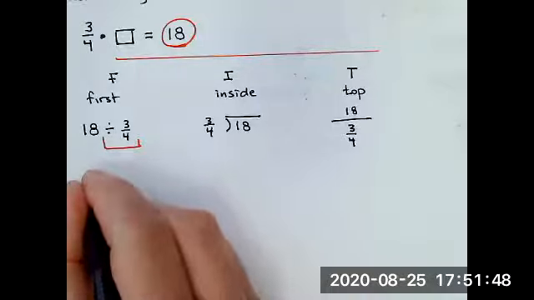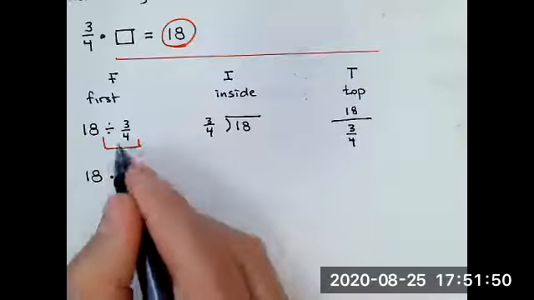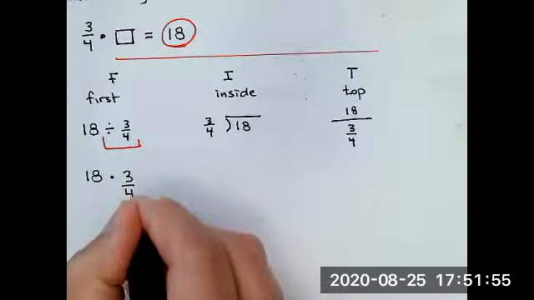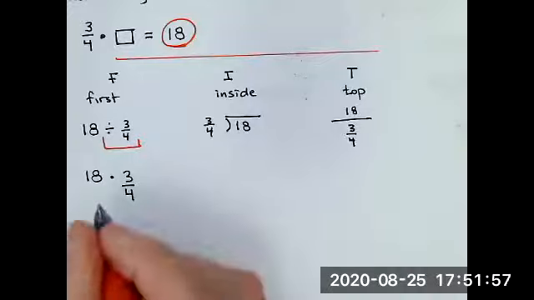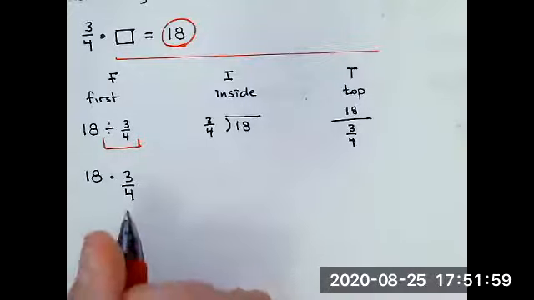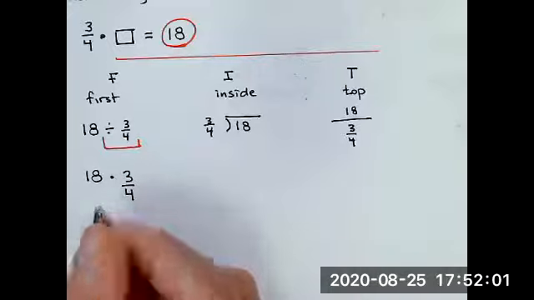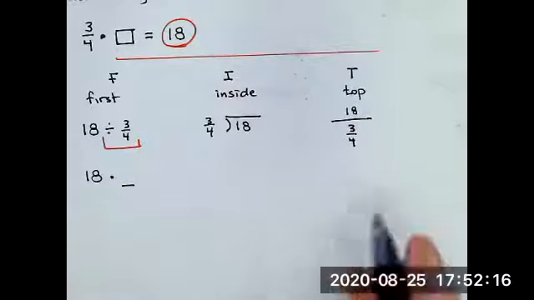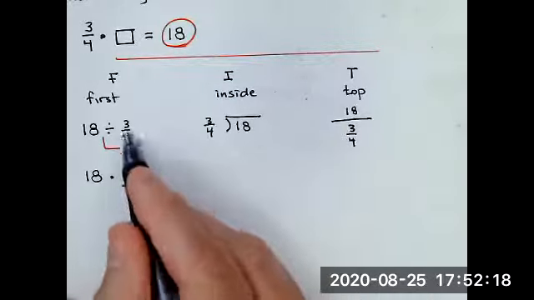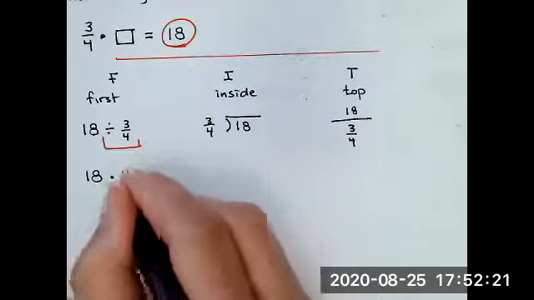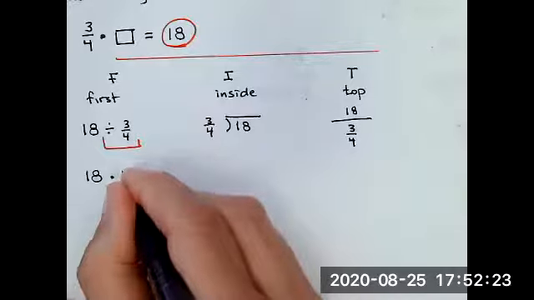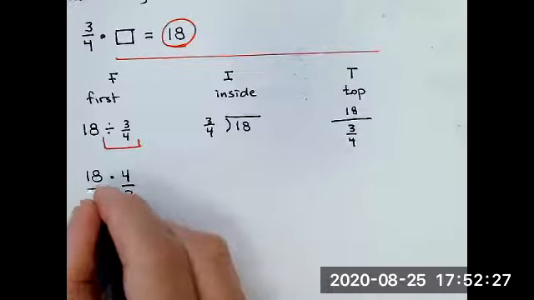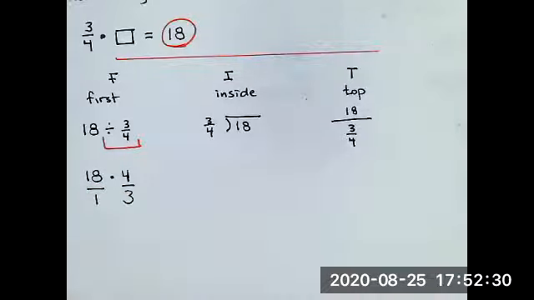So that's 18 times, and you multiply by the reciprocal, and you can make the whole number into a fraction by putting a 1 in the denominator.